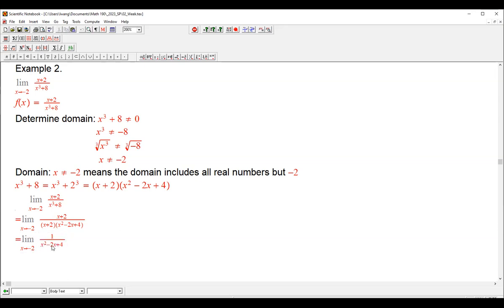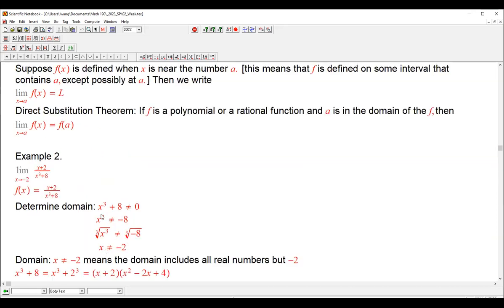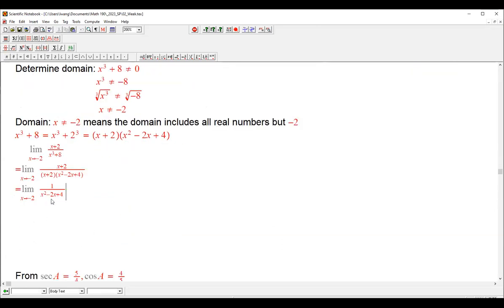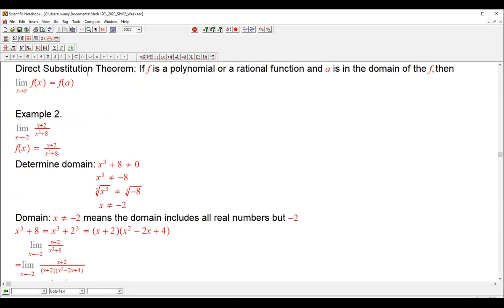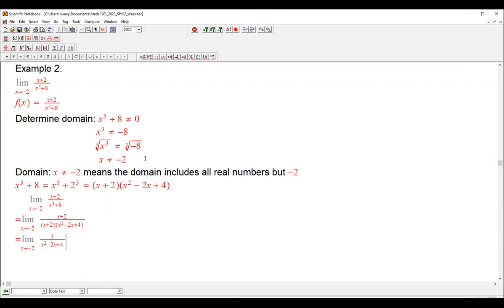The question is, are we going to apply the definition of limit one more time, or can we apply direct substitution? Then you have to ask, is this function defined at -2?